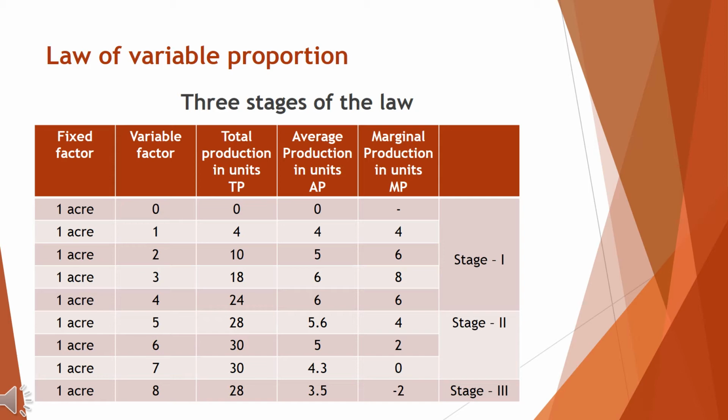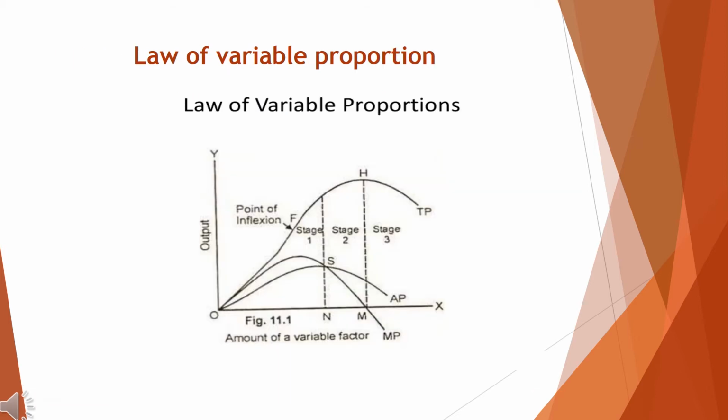In the second stage, diminishing return. At the third stage, negative return. The diagram shows the x-axis represents amount of the variable factors, y-axis represents output. TP is the total product curve, AP is the average product curve, MP is marginal product curve.